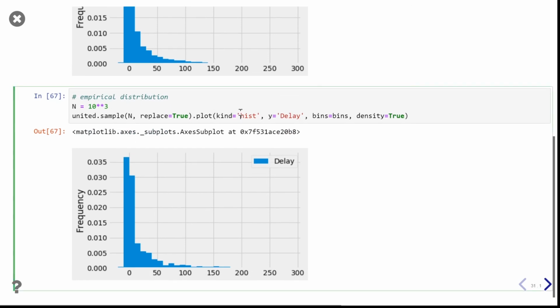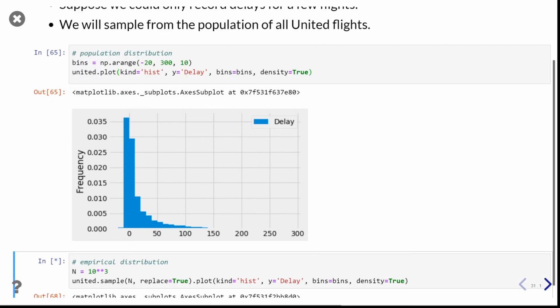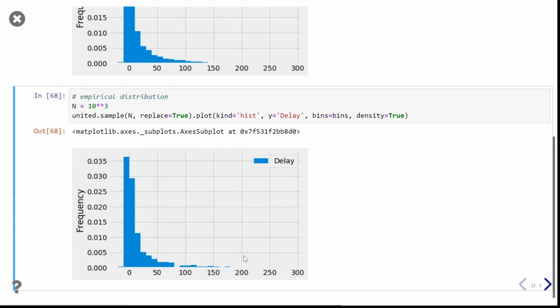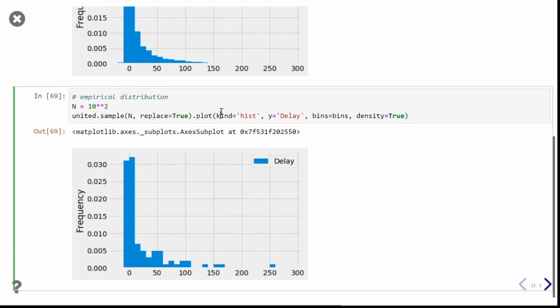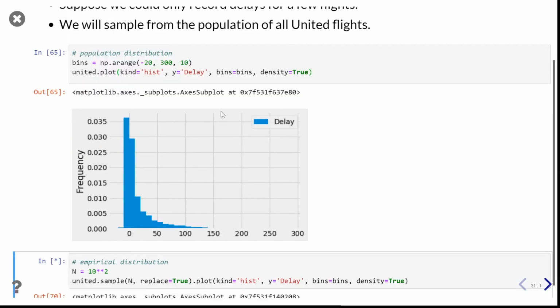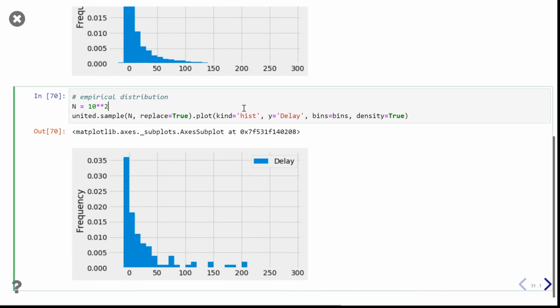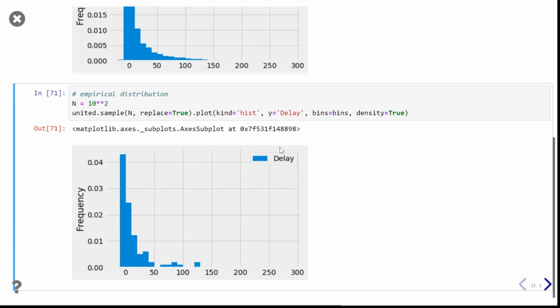Now if I do this again, if I get my sample again, this is going to look different. This is like going back to the airport and selecting another 1,000 flights randomly. I get a different 1,000 flights, so the distribution will look different. If I go back to 100, this is going to be clearer. So there I got 100 flights. I'm going to get a different 100 flights. You see it's different, and so forth.